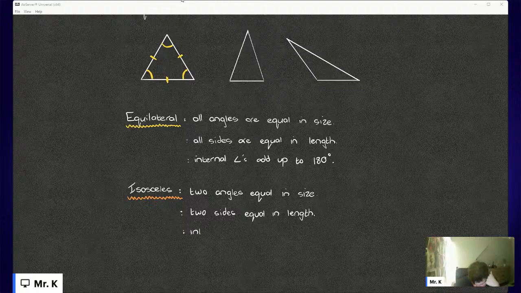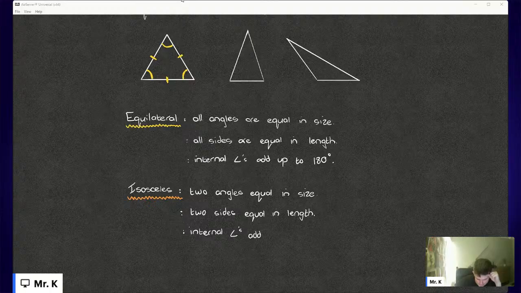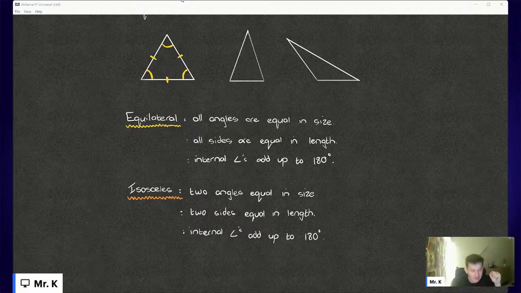Again, as it is the case for all triangles, regardless of their style, the internal angles add up to 180 degrees. Now, we will discuss external angles in a second, but again, we can represent this information visually in a diagram. Now, it's usually going to be the two sides of an isosceles triangle that form the peak that are equal in length.